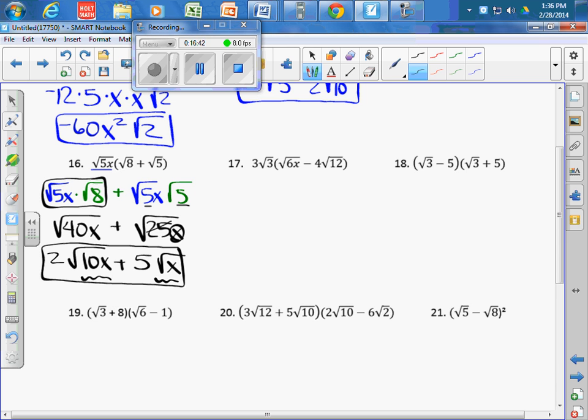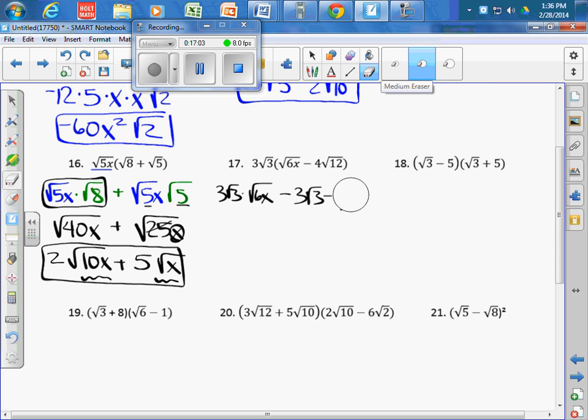Look at number 17. We're going to be taking 3 radical 3 times radical 6x minus 3 radical 3 times 4 radical 12. I said that wrong, sorry.